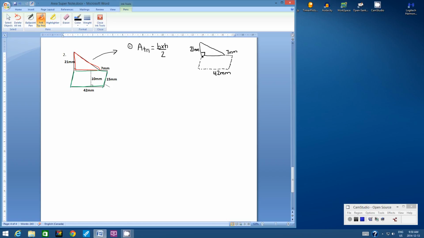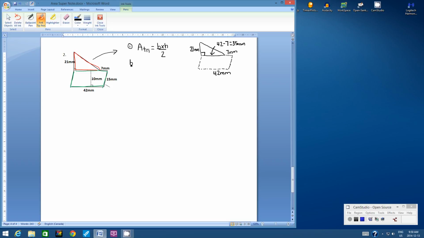So if this distance from this point to this point is 42, and I know that this little section is 7, how do I go about solving for this? Well, it's going to be 42 subtract 7, isn't it? And somewhere in your answer, I need you to show me that you understand how to get that. So 42 subtract 7 is 35 millimeters. So that is going to be the base of our triangle.